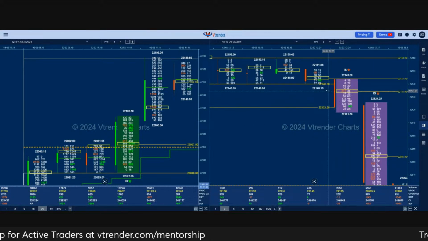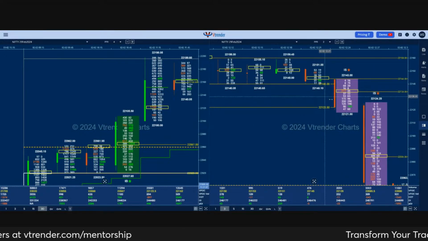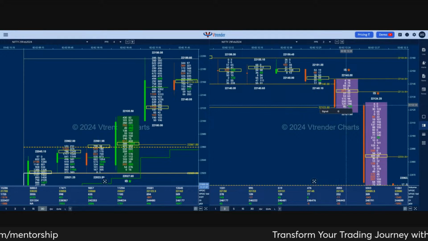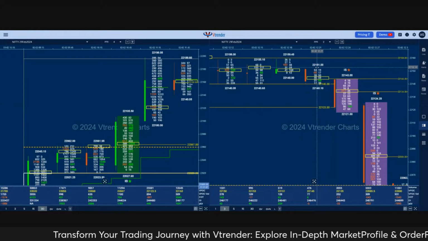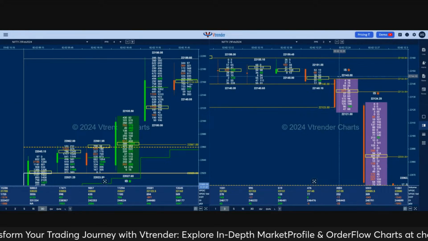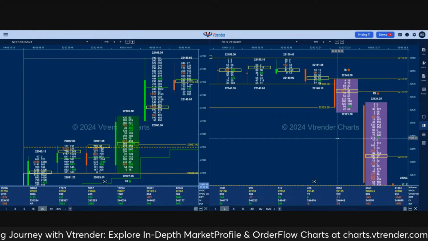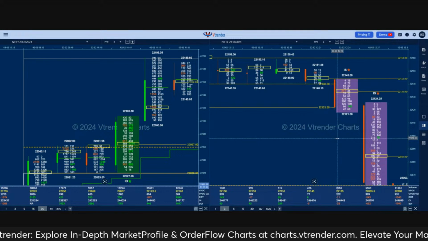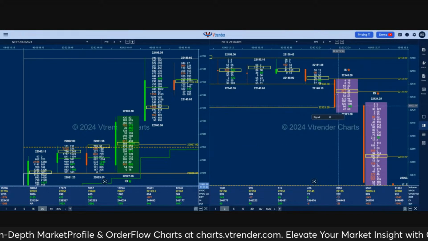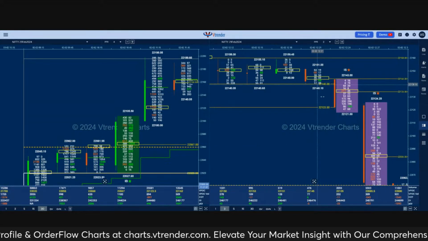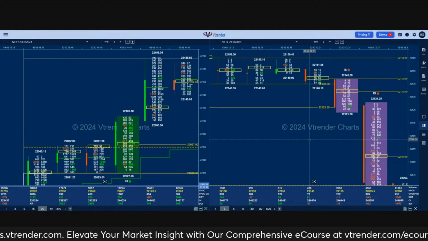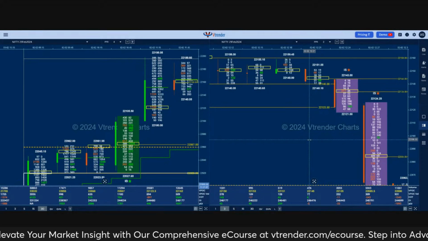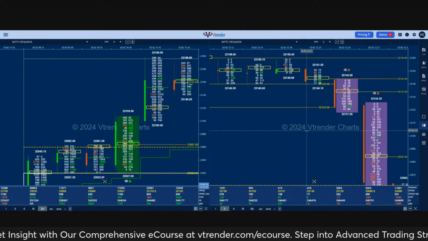We have broken this 22140. So this was a good time to enter a short trade with your risk being at 22151, because 22143 also is a good reference. But just to add a filter, we can have this 22151, because 22140 breaking itself was a sign that the buyers have been taken over by the sellers.